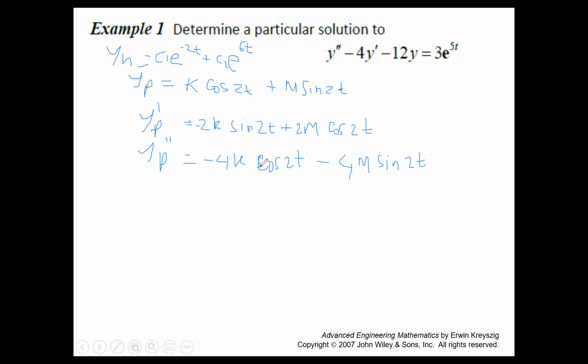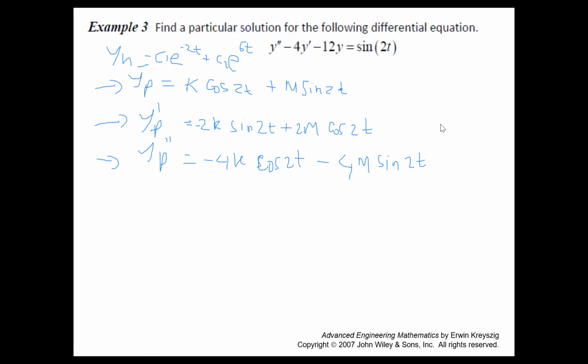Then we substitute back, so you have knowledge of YP prime and YP double prime. What you need to do is substitute all of them into this equation and then see the terms related to each. Let's do that.